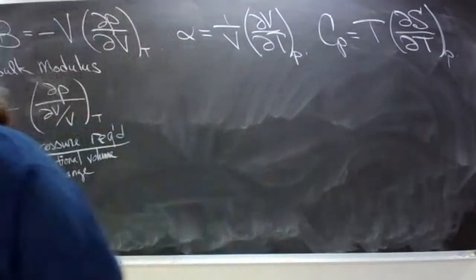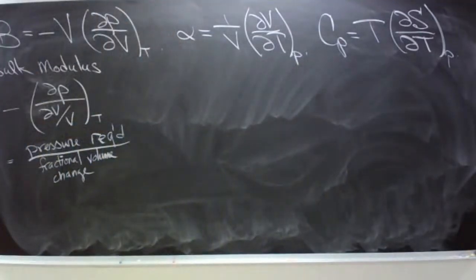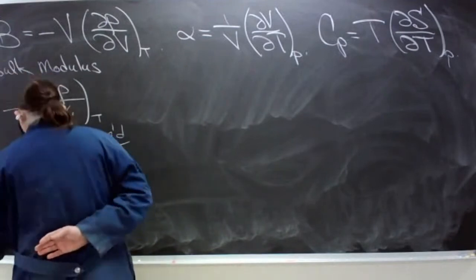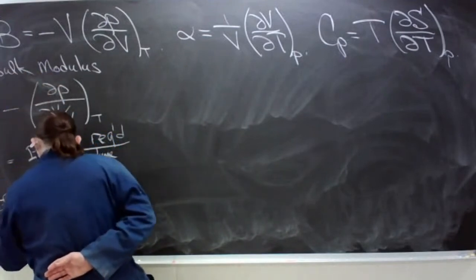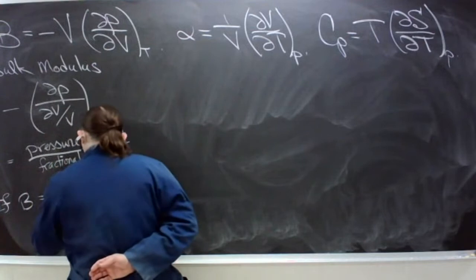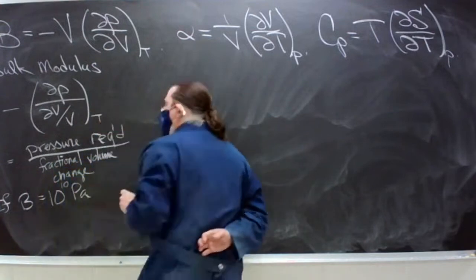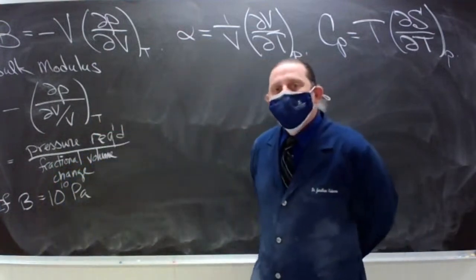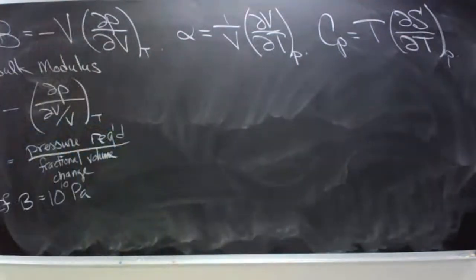Okay? A characteristic bulk modulus might be around 10 to the 10 pascals for various solids. All right? So what would that mean?